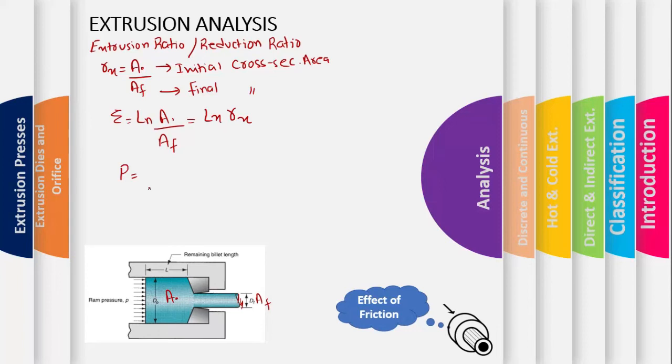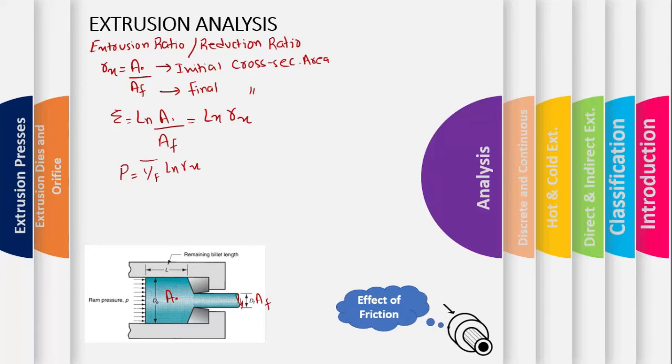So instead of the stress, we will take it as the pressure. So the force that is required has been reduced to the pressure that is being exerted normally onto the surface of the billet. That pressure is equal to the flow stress that is required for deformation into the strain that is to be produced.